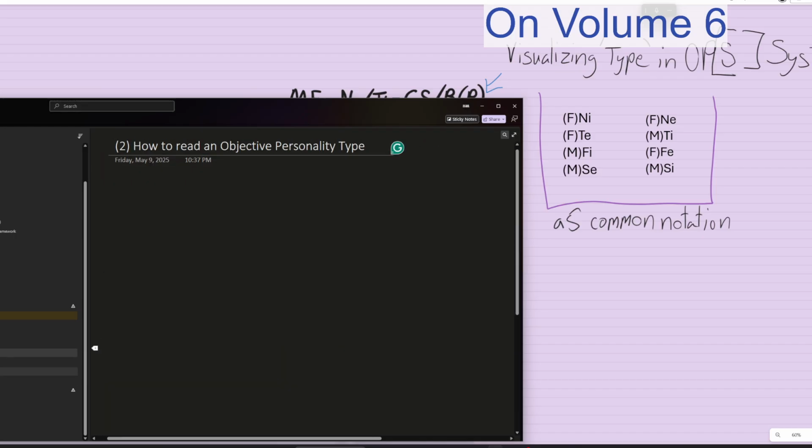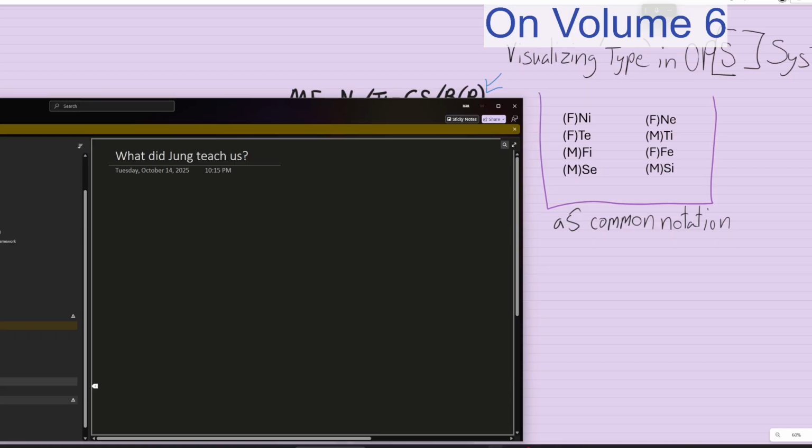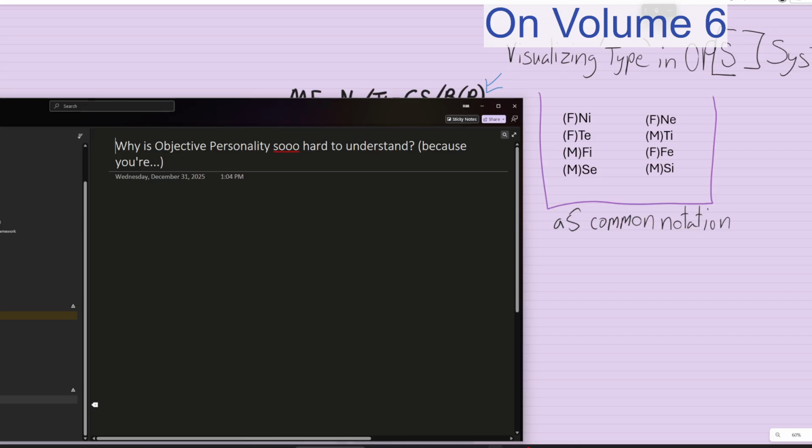How to read an objective personality type. Animal function temperament responsible. What did Jung teach us? Why is objective personality so hard to understand?